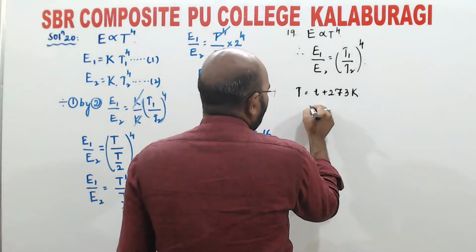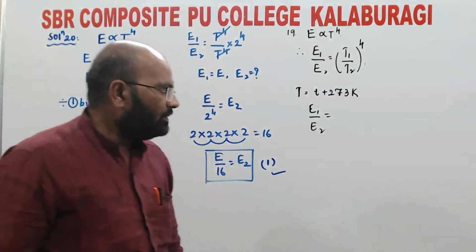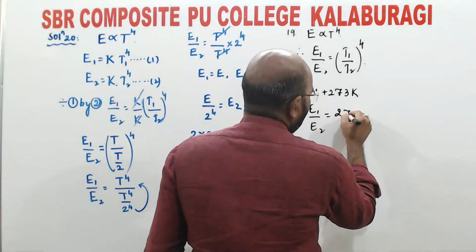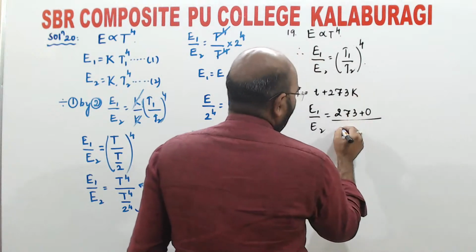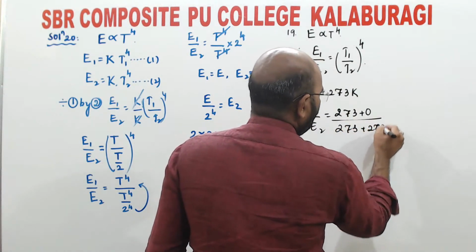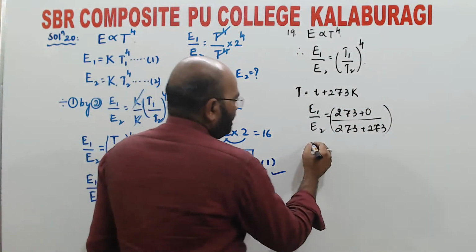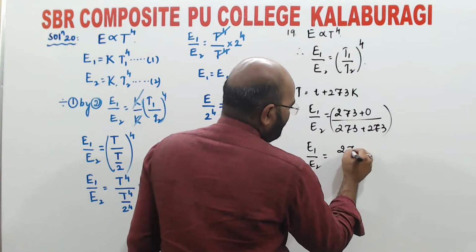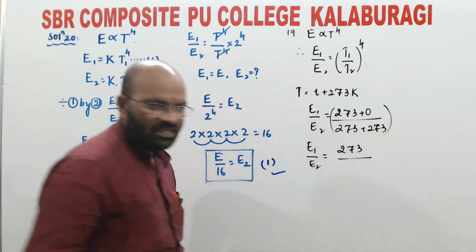Therefore, now E1 by E2 is equal to the initial temperature, 273 plus 0 Kelvin, divided by the final value, 273 plus 273 Kelvin. The given answer will be in Kelvin. Therefore, now E1 by E2 is equal to 273 divided by 273 plus 273.